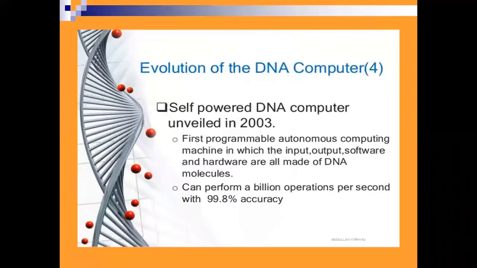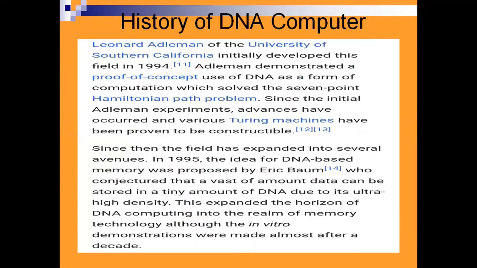So that is the advantage of a DNA computer. So what is the accuracy with that speed? The DNA computer, which started developing from 2003 onwards, performs 1 billion operations per second with an accuracy of 99.8%. That is the advantage of a DNA computer.